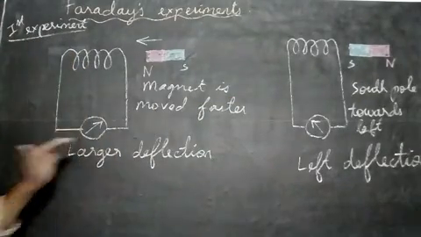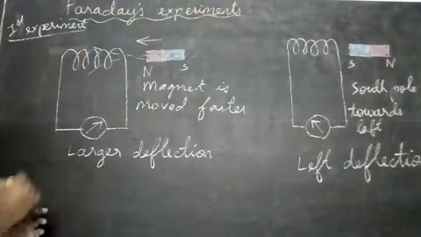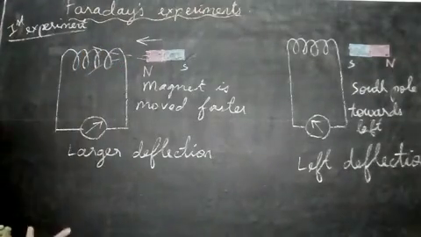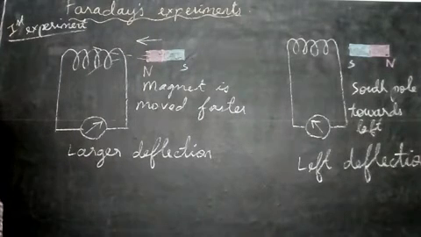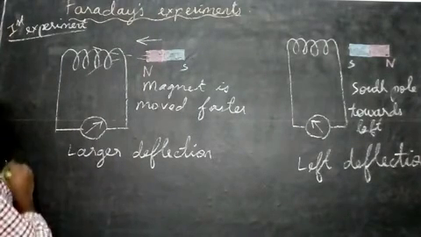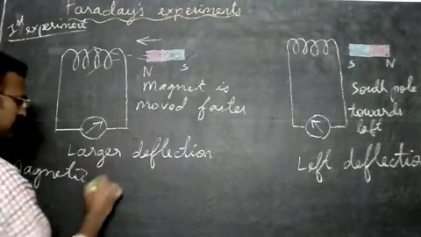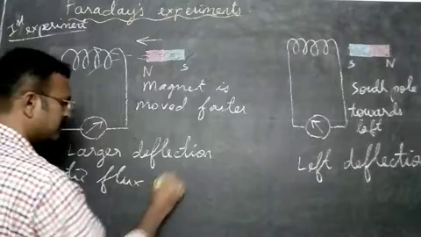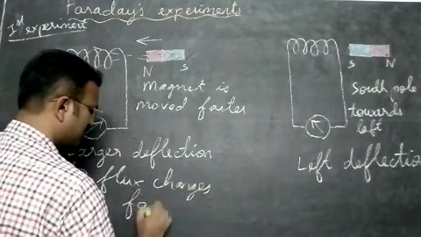Why do we get a larger deflection? There are magnetic field lines and a magnetic flux, and there is a very fast increase of the magnetic field. So we can say the magnetic flux changes fast, or rapidly.